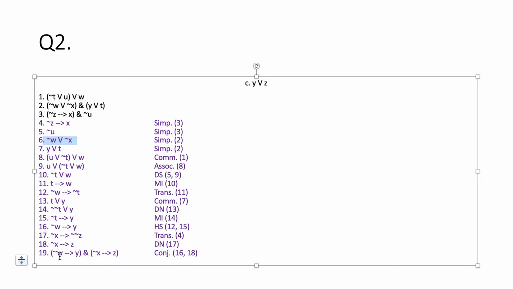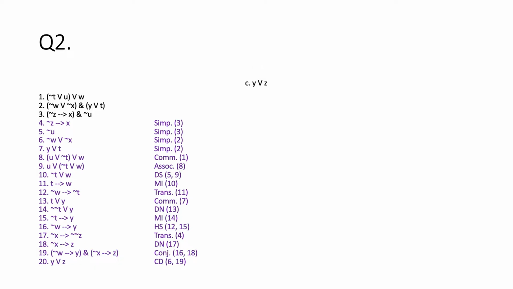And so constructive dilemma enables me to infer a new disjunction, the disjuncts of which are the consequents of these conditionals. So constructive dilemma, 6 and 19, gives me Y and Z, which is my conclusion.